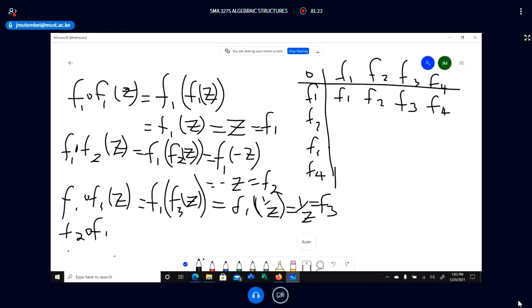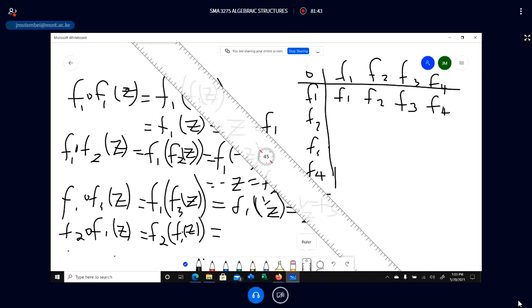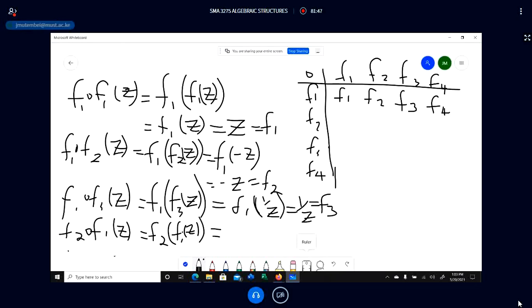So row 2 times column 1, F2 composite F1 of Z becomes F2 of F1 of Z, which, since F1 of Z is defined as Z, we have now F2 of Z. F2 of Z is defined as negative Z. So this will be equal to negative Z, and negative Z is equivalent to F2. So there I will have F2.